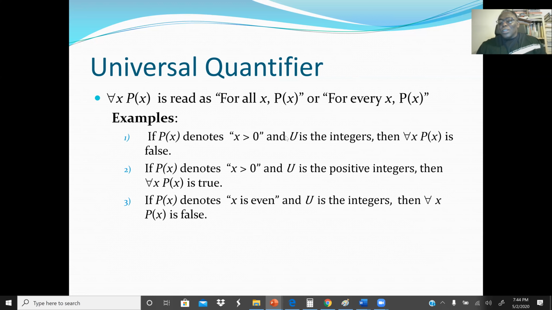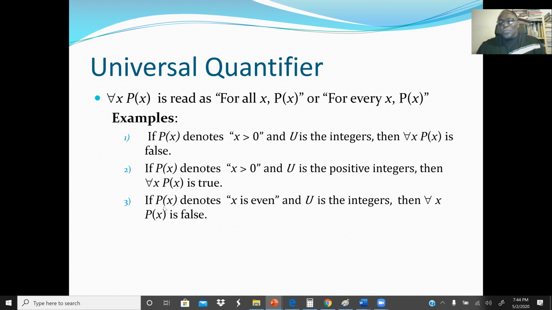In the first example, U is any integers, so we have both positive and negative values and it's false. But here we specify the boundary to be only positive integers, so x greater than 0 is true for all x.